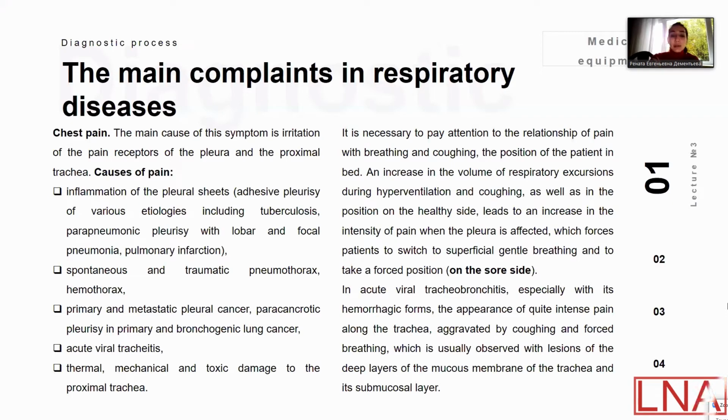So while speaking with the patient, we have to pay attention to the relationship of the pain syndrome with the breathing process and with coughing. After analyzing this information, we can form an idea about the etiology of this process, since the relationship between the pain and coughing differs.